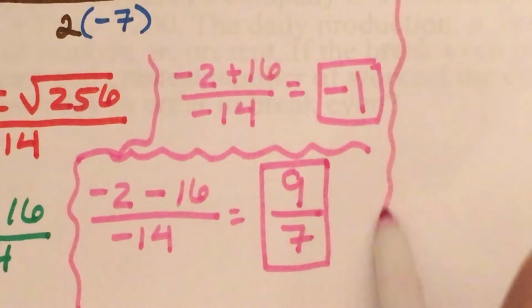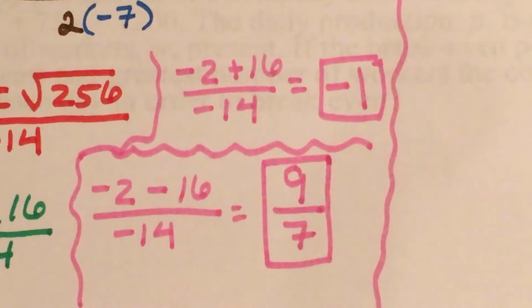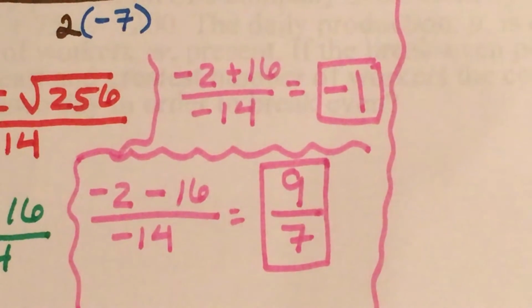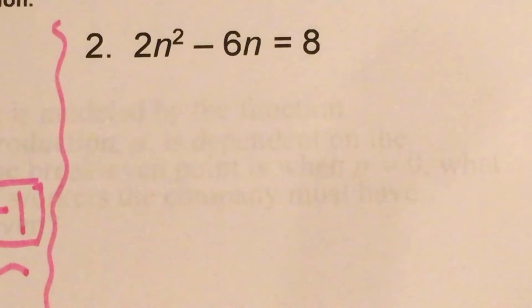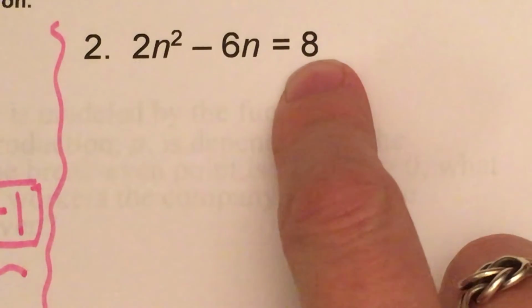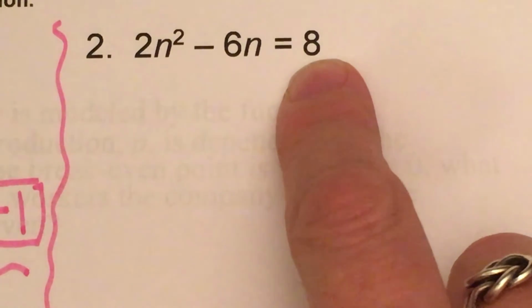Awesome. So that was a lot to take in. That was some stuff. Let's go try it again with problem number 2 right beside it, okay? So here, my equation is not equal to 0, and I need it to be equal to 0.